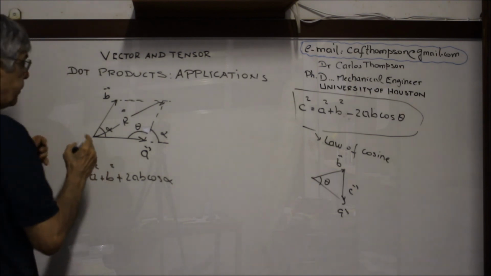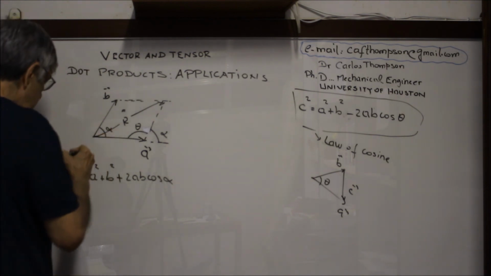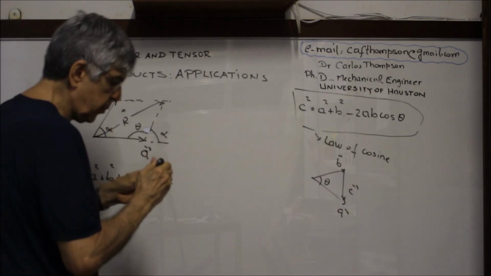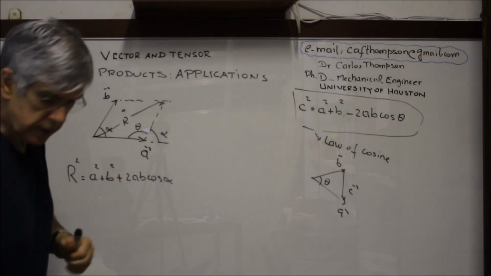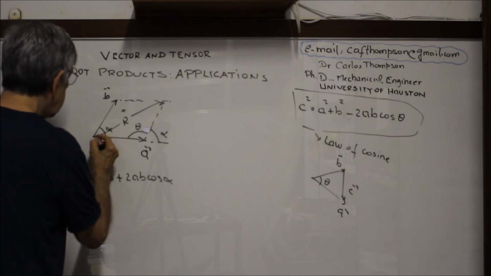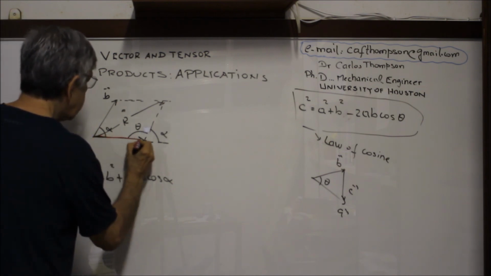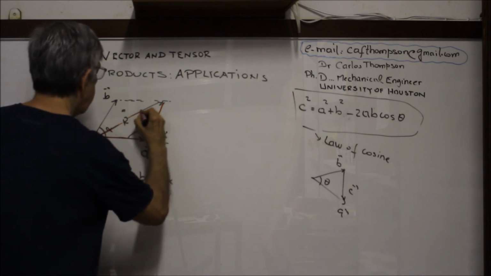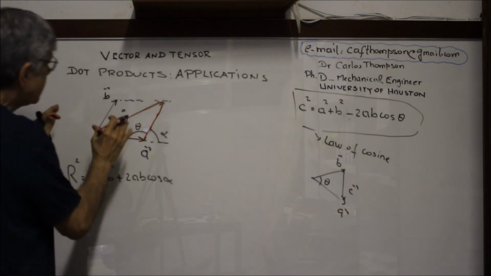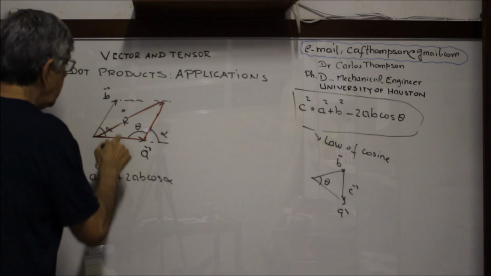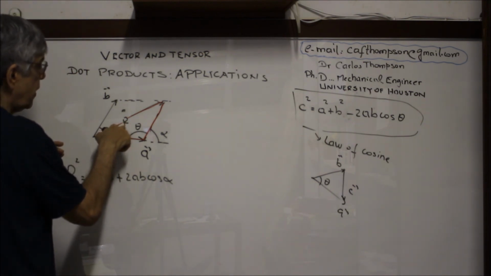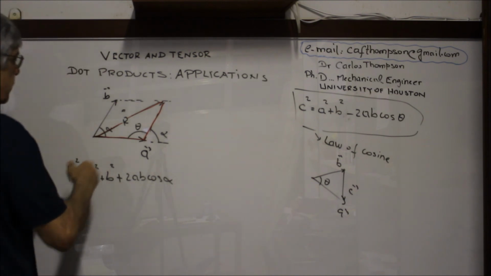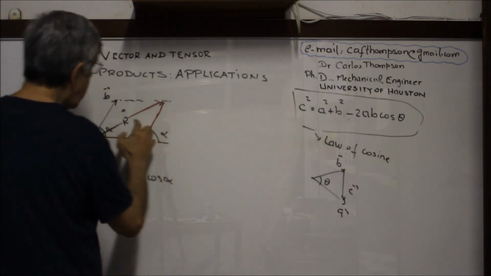But now, attention to this triangle over here. Let's take a look at this triangle here. So this is R. Let's use the law of cosine.